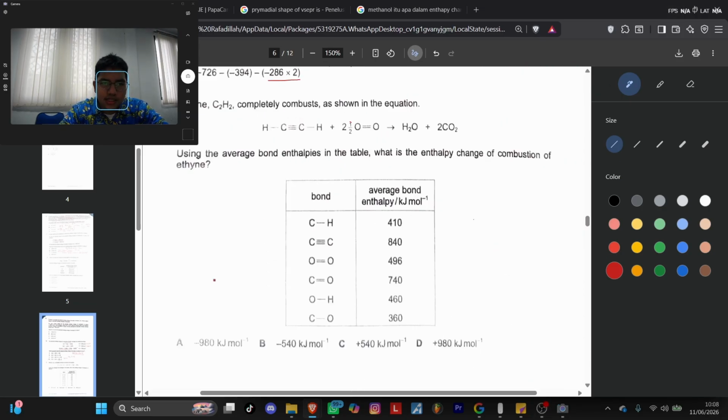Okay, let's go back to the next question. Ethane C2H2 completely combusts as shown in the question. Using the average bond enthalpy, what is the enthalpy change of combustion of ethane?